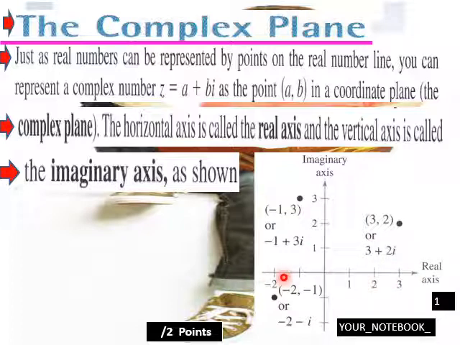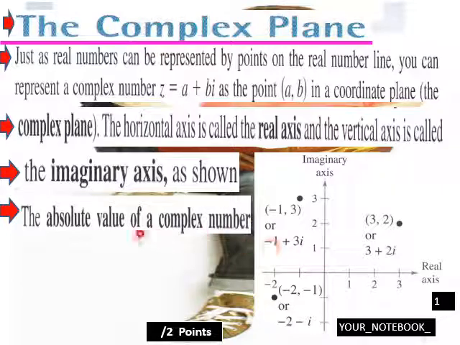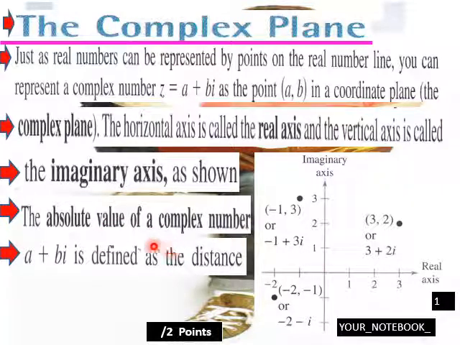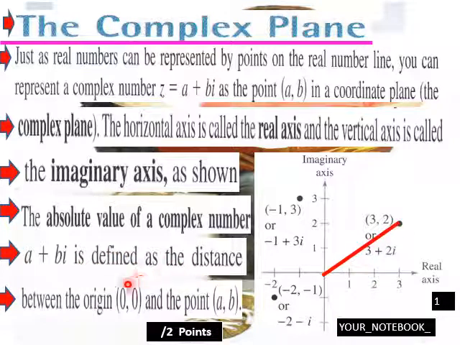So this is your real axis, and then this is your imaginary here. The absolute value of a complex number, a plus bi, is defined as the distance between the origin (0, 0) and the point (a, b). So this would be an example here of the absolute value of a complex number, that distance there.